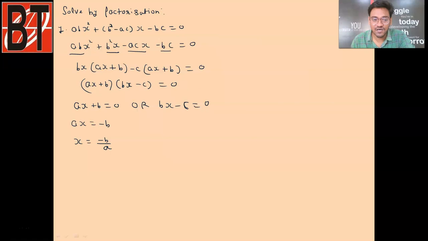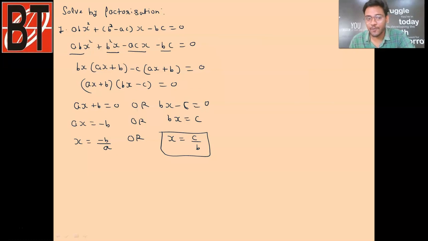So students, we are getting the answers in the a, b, c forms only, as I told you. And here you can check bx will be equal to c, or the value of x is going to be plus c by b. So minus b upon a and c upon b, these two will be the required solutions of this quadratic equation. Clear? So that was the very first question.